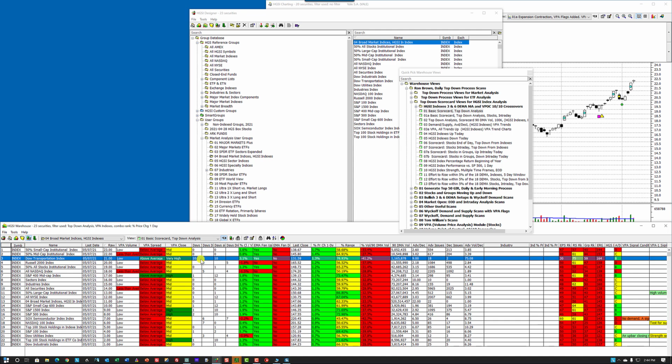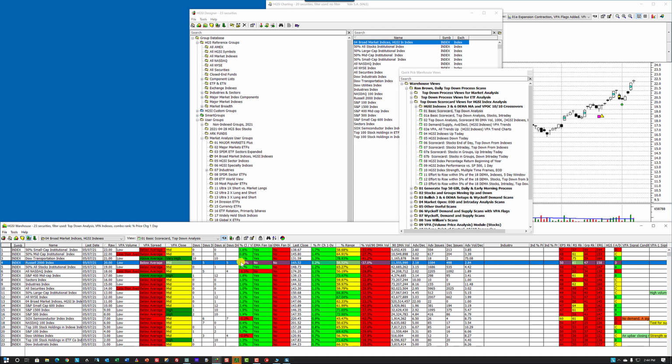Now the strength has been in the transports because it crossed over with both of these indicators 11 days ago. 0 is the crossover day, as I just pointed out, and then you count up from there, obviously.